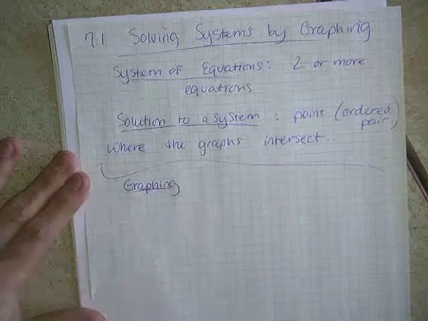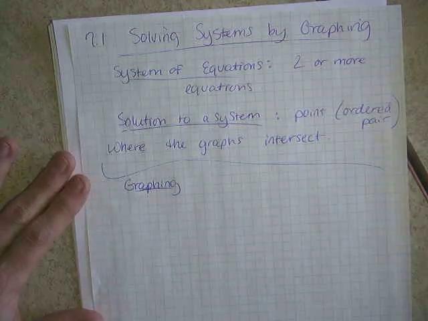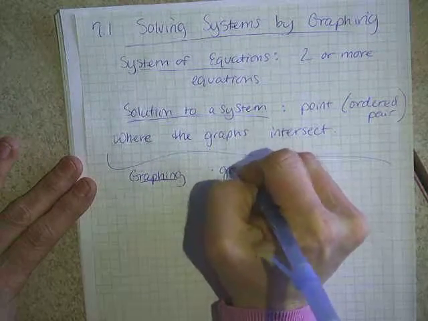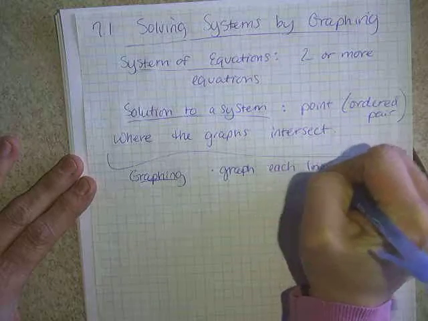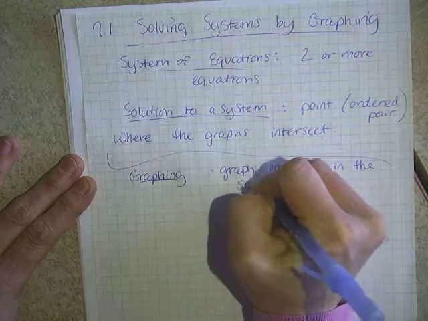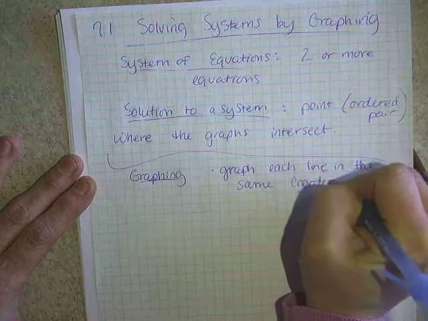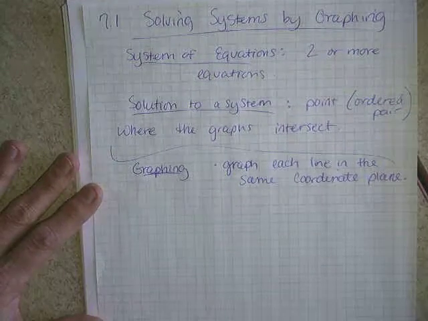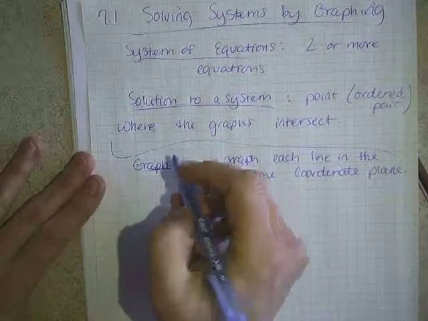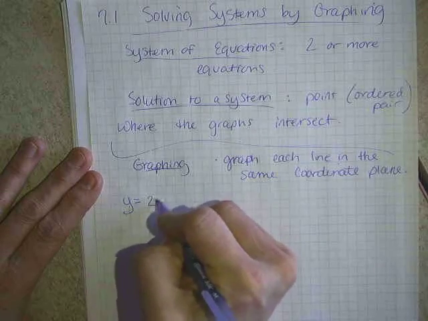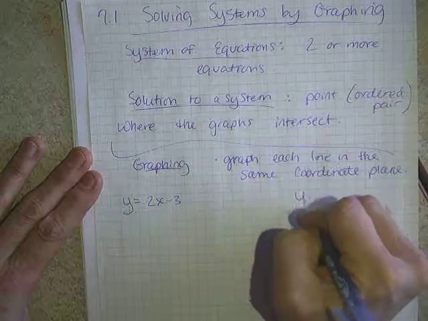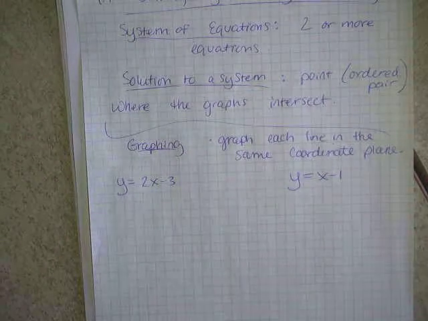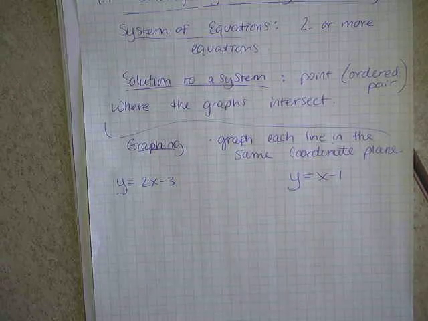So the method that we're using today is graphing. Okay, and you're going to graph each line in the same coordinate plane, and then we're going to look for an intersection. Okay, so the 2 equations that we're dealing with are these 2.